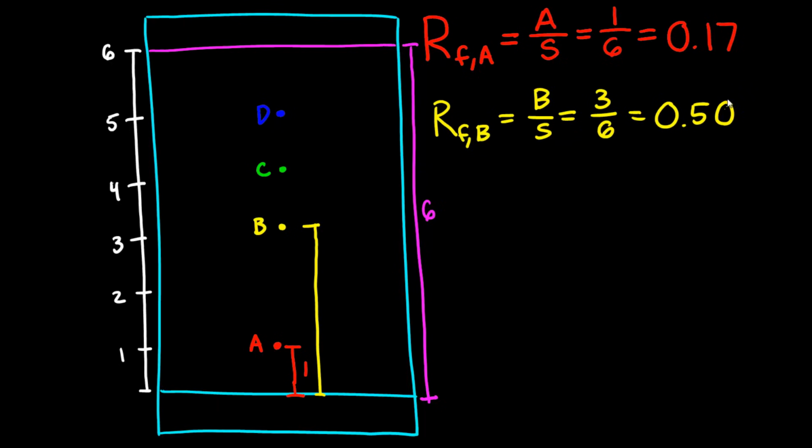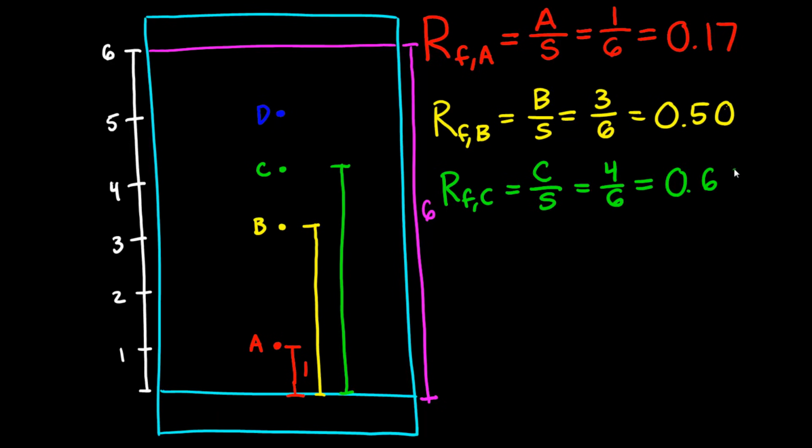Compound C, again, the RF is equal to distance traveled by C over distance traveled by solvent, and this is equal to 4 over 6, which equals 0.66. And finally, the RF value for compound D is equal to D over S, which equals 5 over 6, or 0.83.